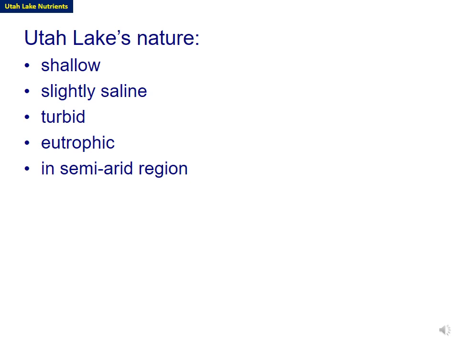And the visibility of the lake is pretty poor when that happens. It's also a eutrophic lake during the summer and has all of the issues associated with that, including algae blooms and dead fish. And it's a lake that is in a semi-arid region, which is Utah.